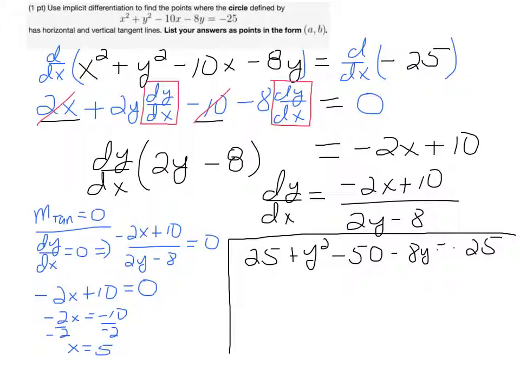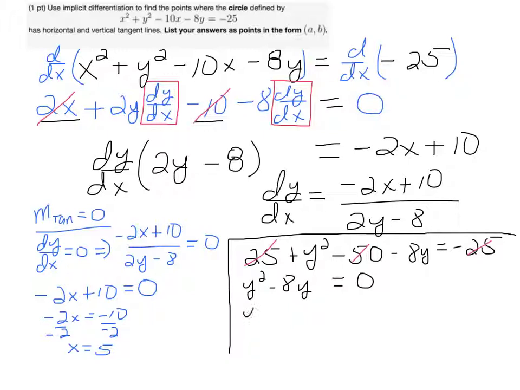Okay, so it looks like we have a nice little quadratic equation here to solve. Let's group our like terms. 25 minus 50 is minus 25, but I'm going to add 25 to both sides, and if we do that, whoops, I forgot a y here, sorry about that. If we do that, we get 0, so we got rid of all these terms here.